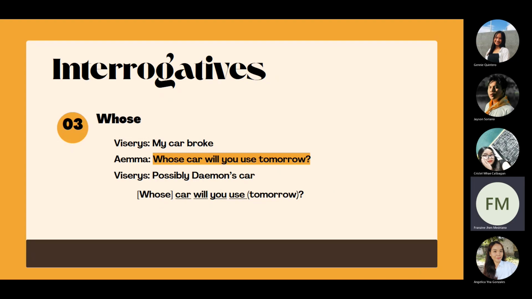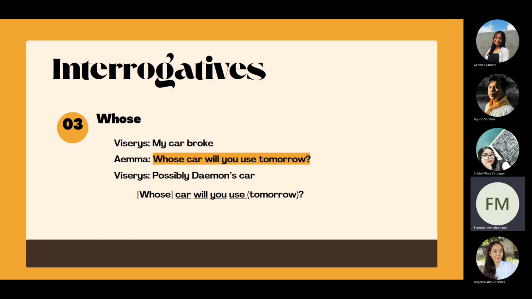Then lastly, we have the whose. In simpler terms, we ask here who owns the noun. With our example again, a conversation between Viserys and Emma. Viserys said that his car broke. Emma questioned him, whose car will he use tomorrow?